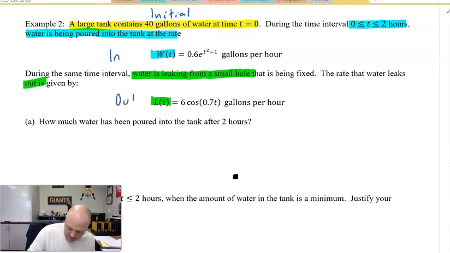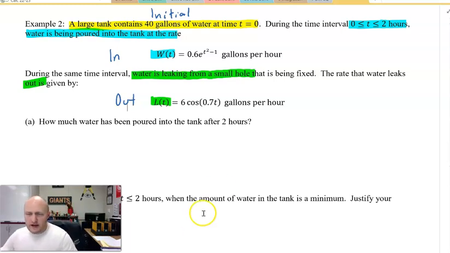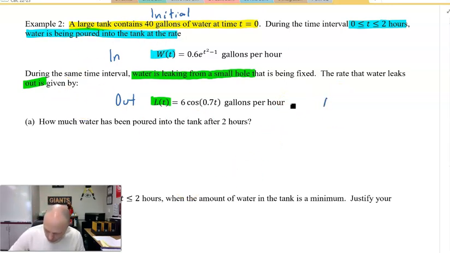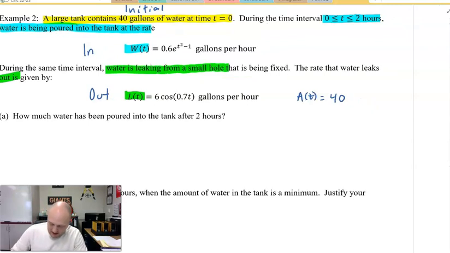Here is out. So what I'm going to do right away on my paper is say, okay, what's the total amount of water? I want the amount of water in the tank, A of t. Well, I'm starting out with 40. In this case, I have water being poured in, that's W of t.